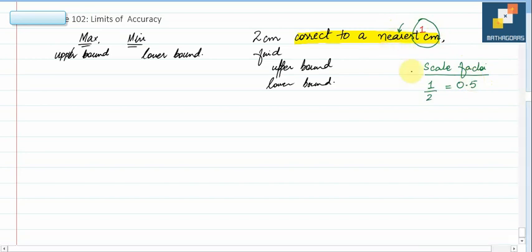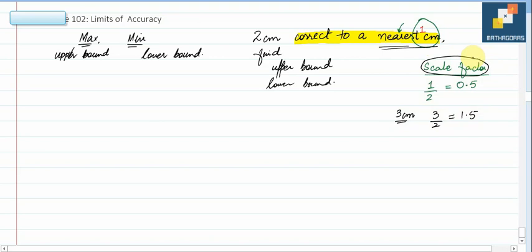Suppose it says nearest 3 centimeter, then the scale factor will be 3 over 2, which is 1.5. Whatever number is written with the word nearest, you divide it by 2 to get the scale factor.